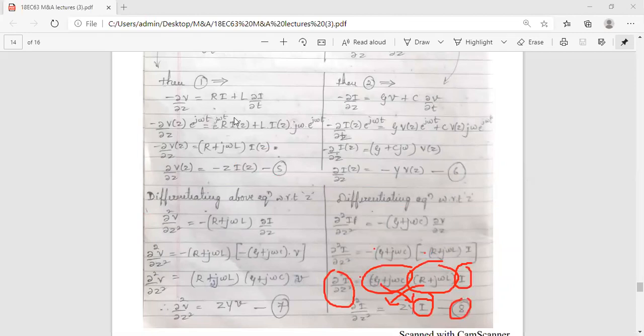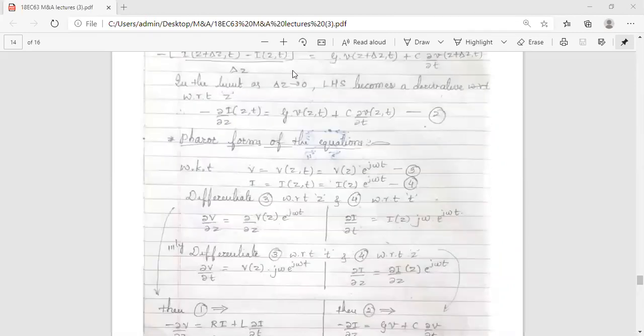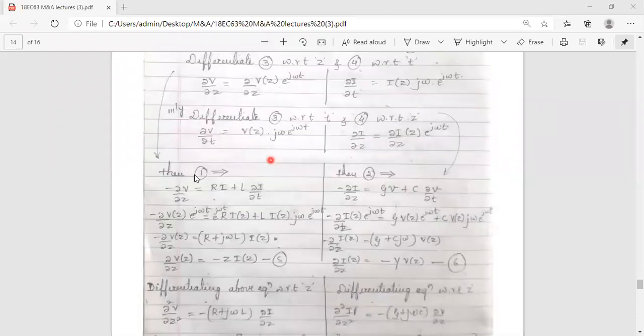So starting with the phasor forms, what did we do? We differentiated equations 3 and 4, each one with respect to z and t. Then we took this KVL and KCL simultaneously. On the left side, I have done KVL. On the right hand side, equation 2, it is KCL.